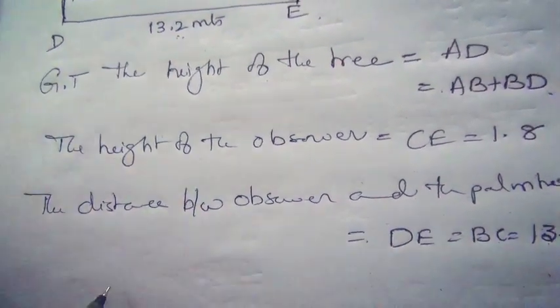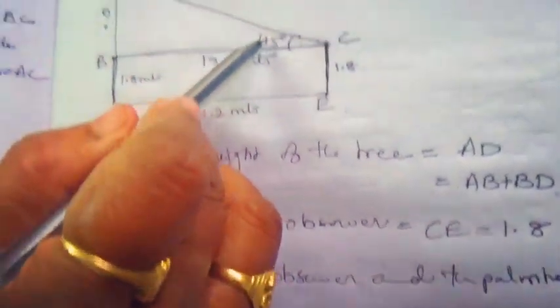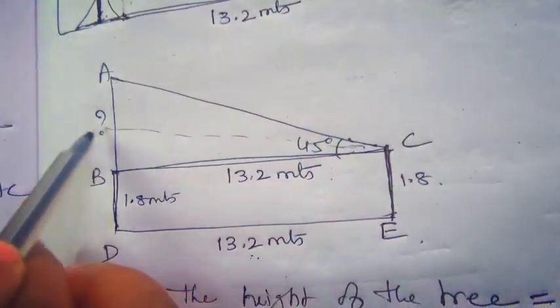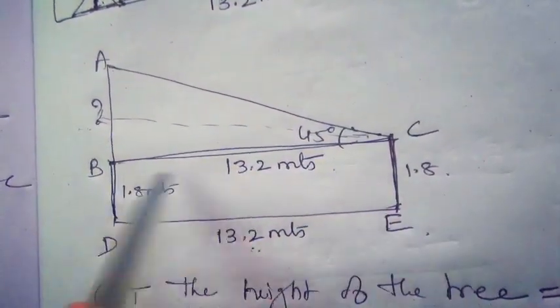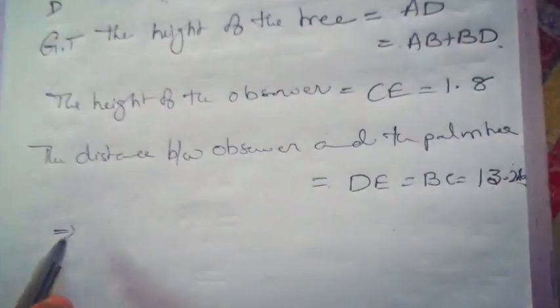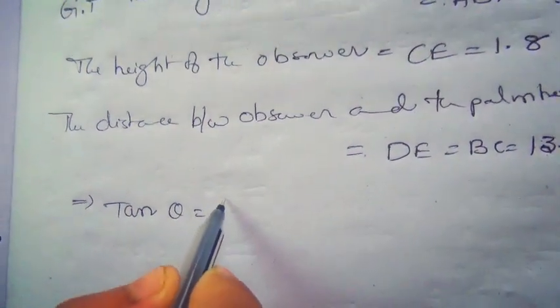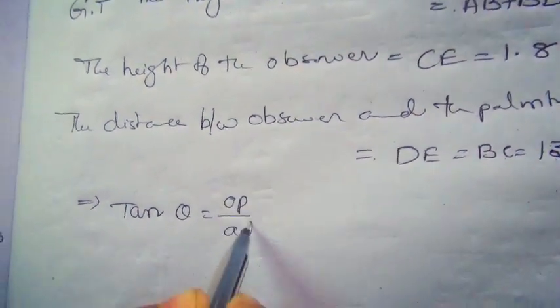First of all, what we have to find is the remaining AB. Look here, for 45 degrees the opposite side is AB and the adjacent side is 13.2. I am taking tan here. That's why tan theta is equal to opposite side by adjacent side.